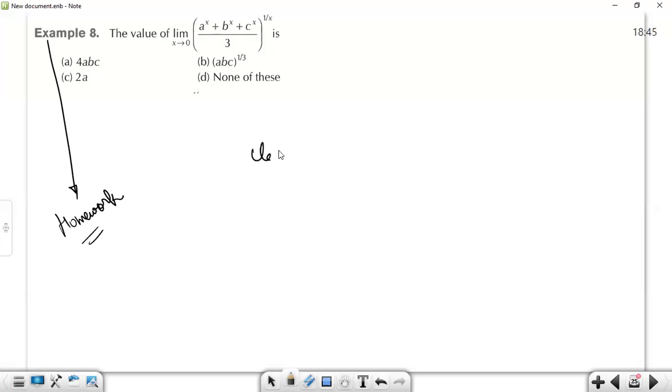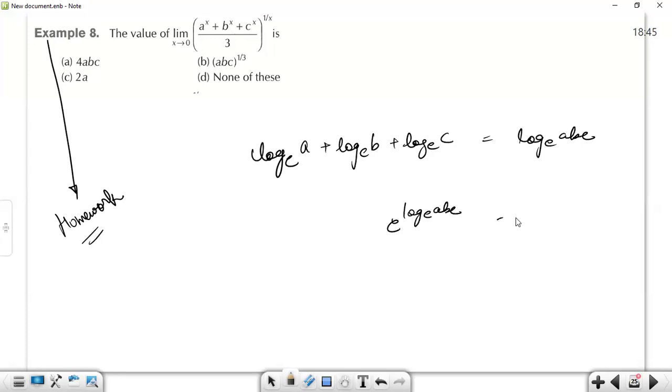Let me write a simple formula for you: log a plus log b plus log c equals log of abc. And e raised to power log of abc is abc.